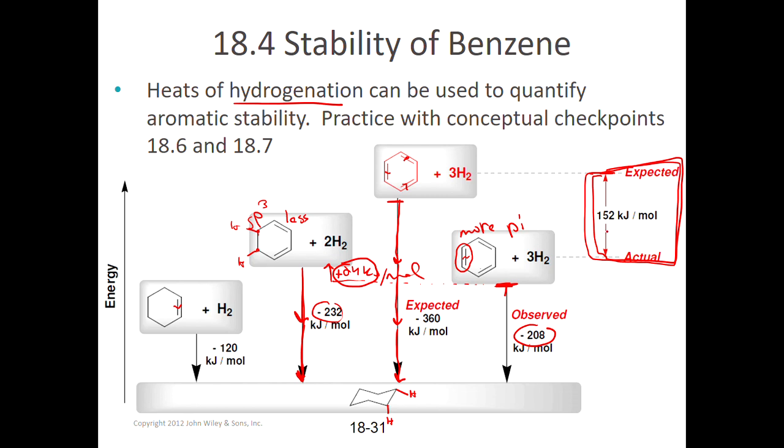So that's the experimental verification using heats of hydrogenation, measuring the energy difference when the alkene is converted into an alkane by adding hydrogens across it. And you find with benzene, the first one actually is endothermic, and then the next 2 would release some energy, but way less energy than would be expected if there were no special stability. So that difference in energy tells you about the stability experimentally of aromaticity in general, more specifically for benzene.